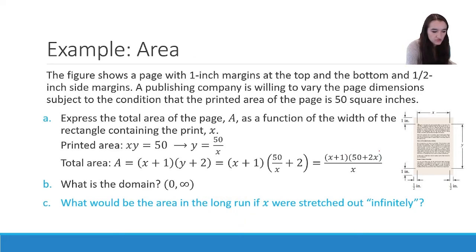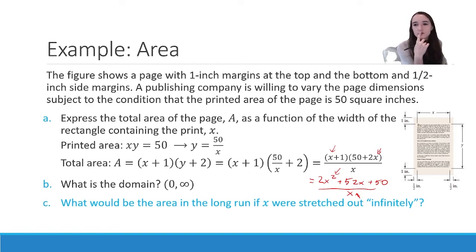Well, there's 2 x's up here. This is going to end up being degree 2, but I'm going to multiply it out just to be sure. So this is actually equal to 2x squared plus 50x plus 2x, so 52x, plus 50 over x. Well, that's degree 2 over degree 1.